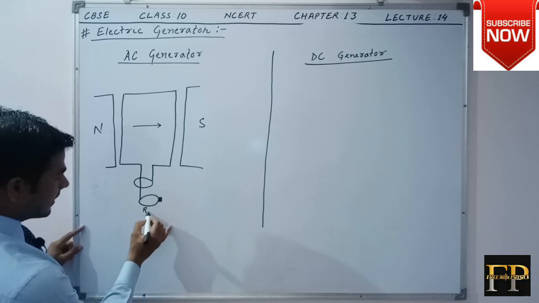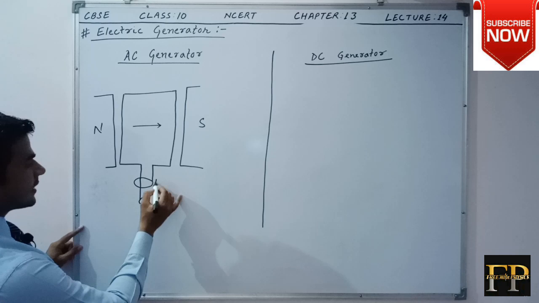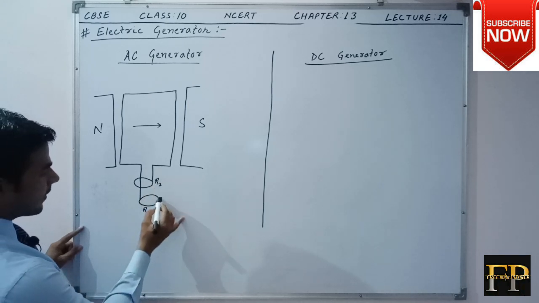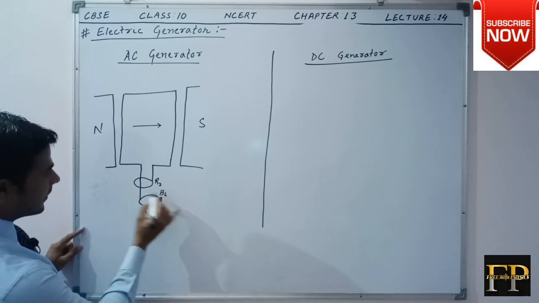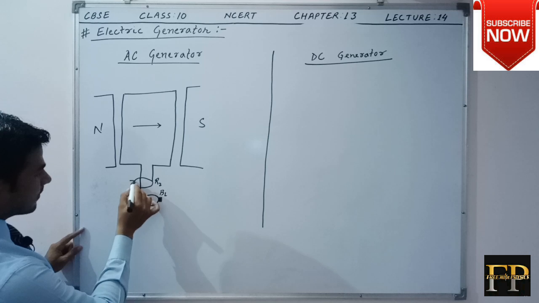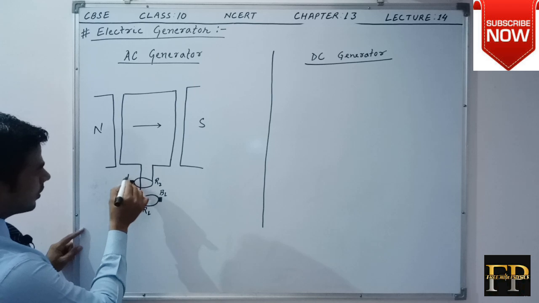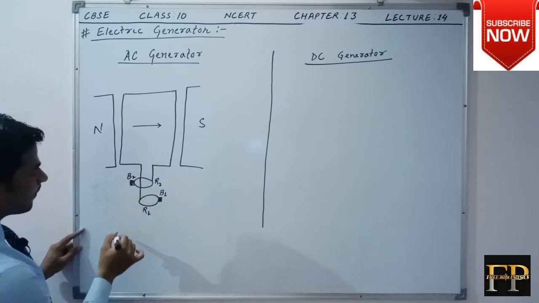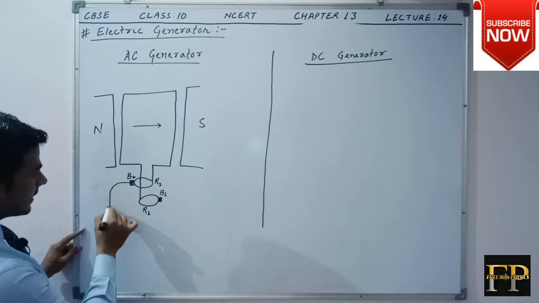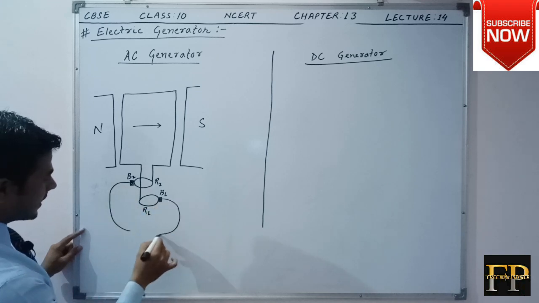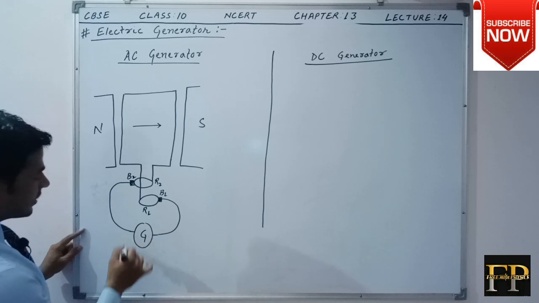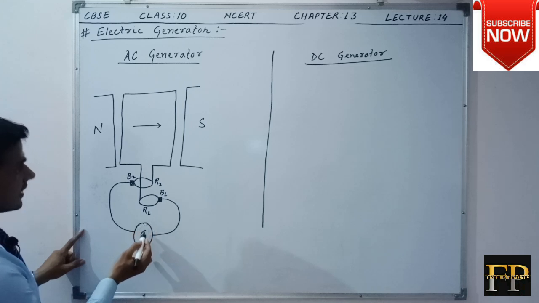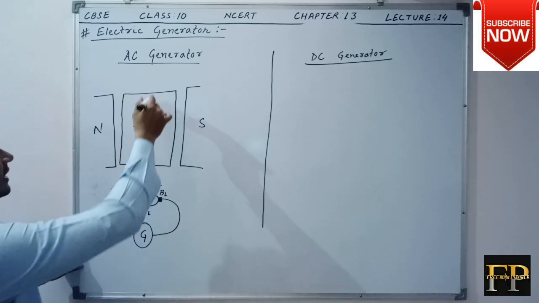Suppose this is ring number 1 and this is ring number 2, and ring 1 is connected with a carbon brush, let it be B1, and another carbon brush is connected to ring 2, let it be B2. The ends of the carbon brushes are connected to a galvanometer to detect the amount of electric current produced by this generator.